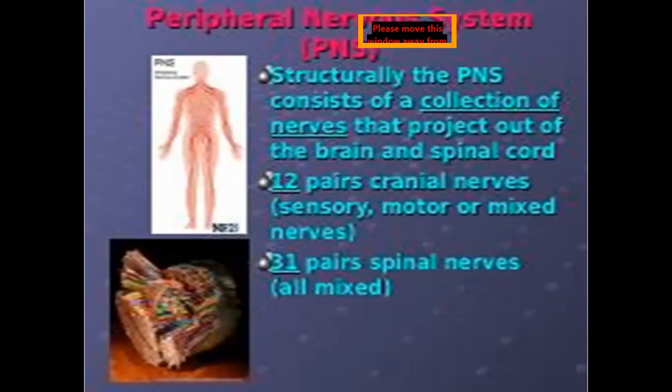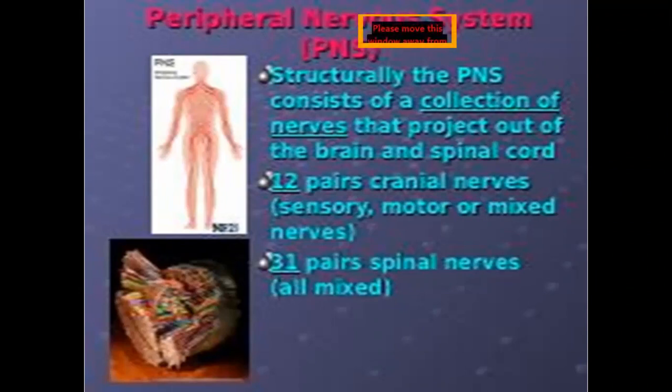There are 12 pairs of cranial nerves in our body. They are mainly of sensory, motor or mixed type. And the rest of the nerves which emerge from the spinal cord are known as the spinal nerves, and they are 31 pairs in number.